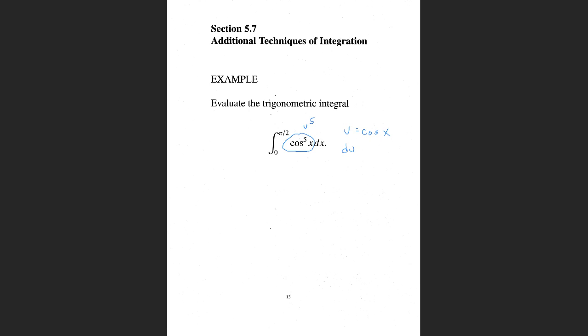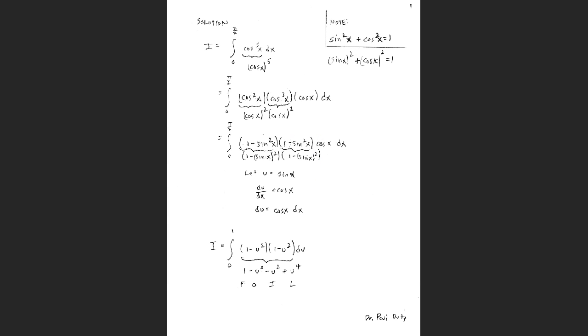But then du would equal negative sine of x dx, and there's no sine of x in the integrand. So that's why it wouldn't work. If you had a sine of x in the integrand, it would work. Good try.